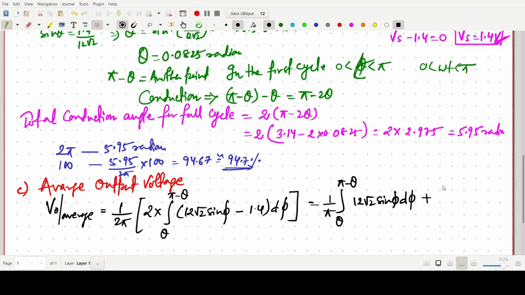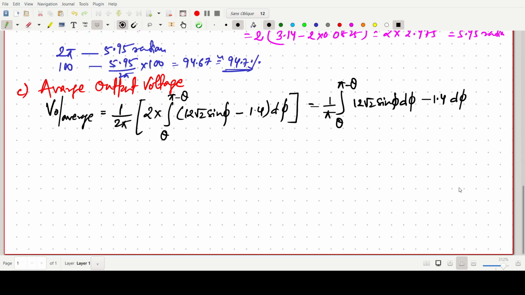Okay, plus, oh sorry, minus 1.4 d phi. Okay, one more line I will write. Now we have to solve this one. So what we can do, we can simply write 1 by pi, 12 root 2 sine phi.